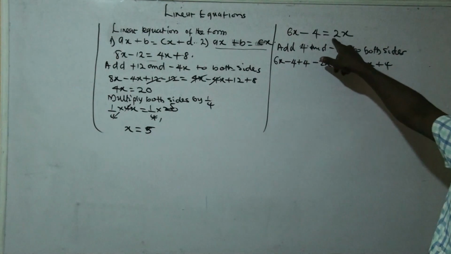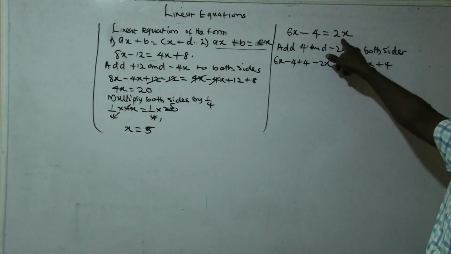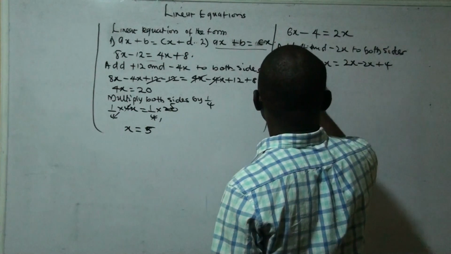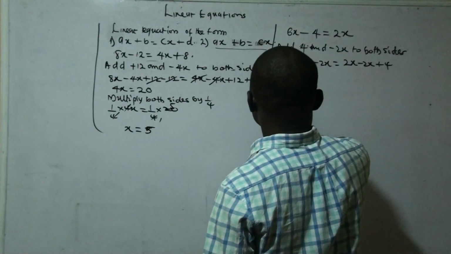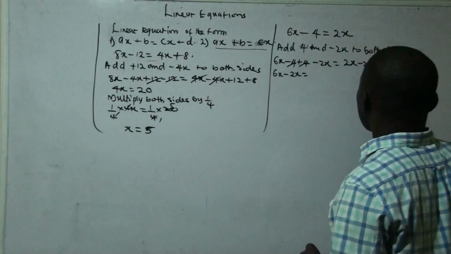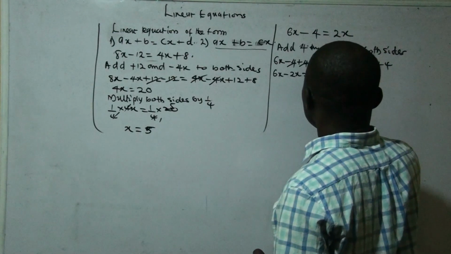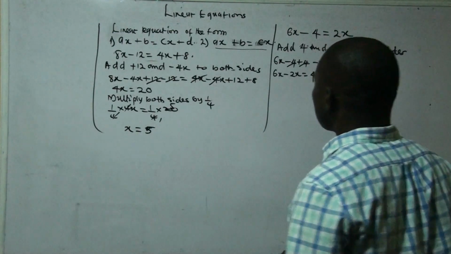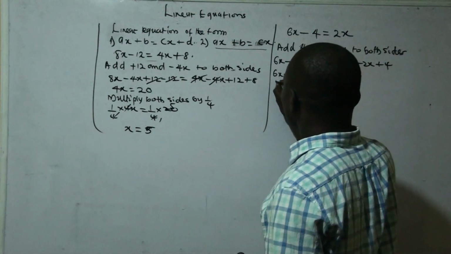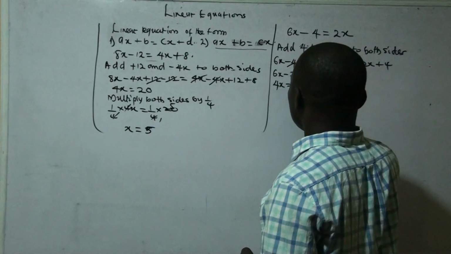What number do you need to add to 2x to make it 0? That is minus 2x. So here this is off, and here we have 6x minus 2x, and here 2x minus 2x is off, and we'll be left with only 4 on the right hand side. So 6x minus 2x will give 4x is equal to 4.